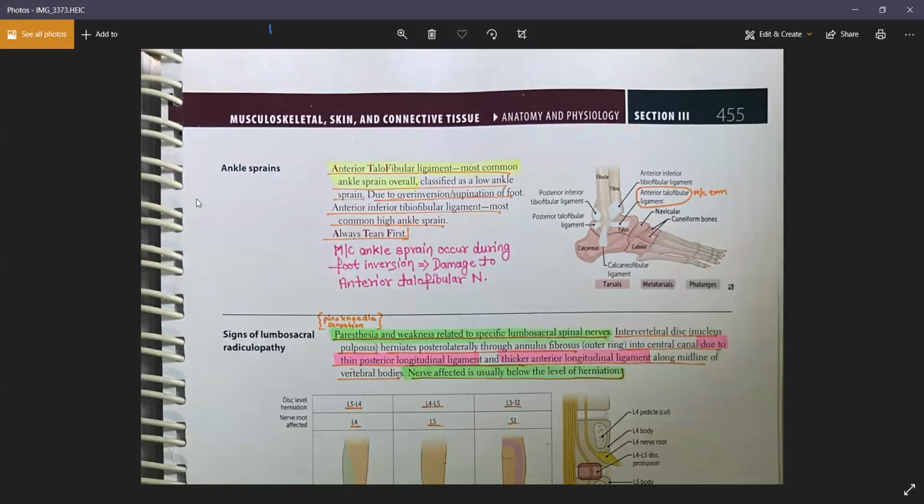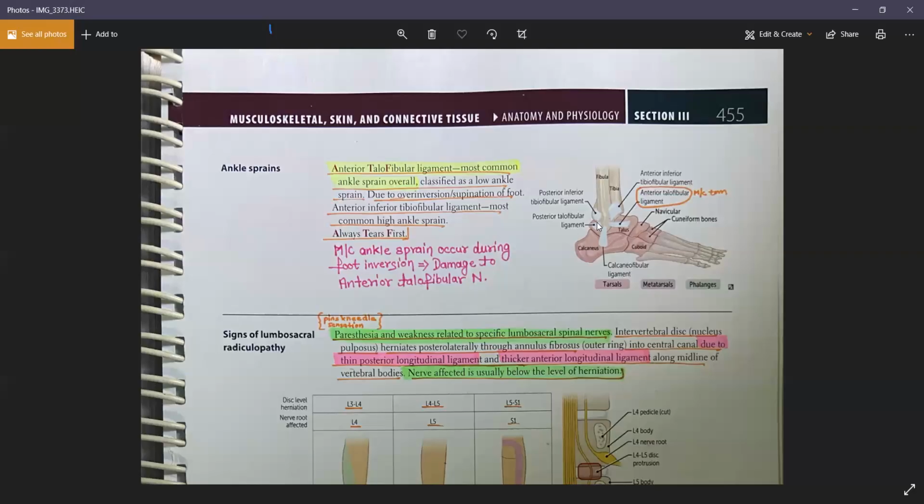Then you have the ankle sprains, and the only thing that you need to remember for that is that the most common ankle sprain is in the anterior talofibular ligament, which is a ligament between the fibula and the talus. You have the talus bone here, and you have the fibula here. Whenever you cause an over inversion of your foot, because this is lateral and the tibia is medial, I'm stretching this lateral part, so this lateral part will be more prone to damage.